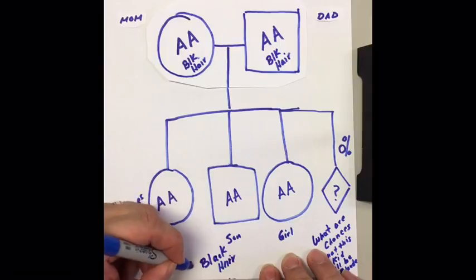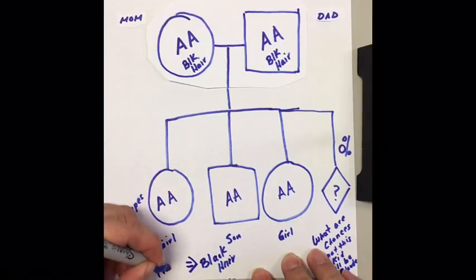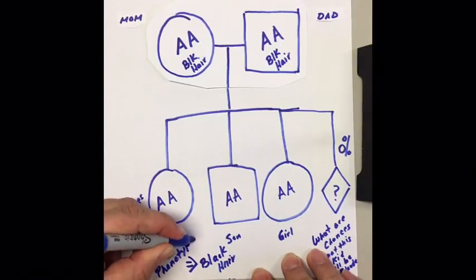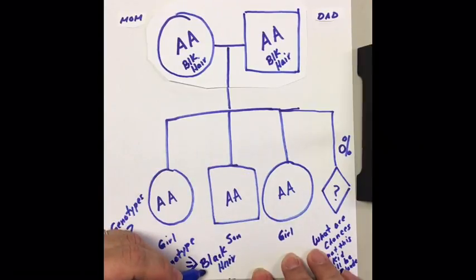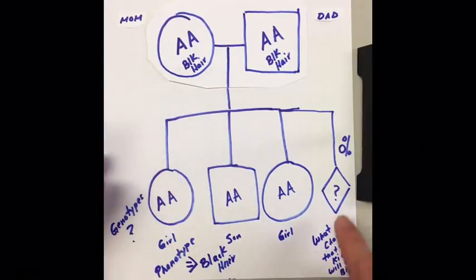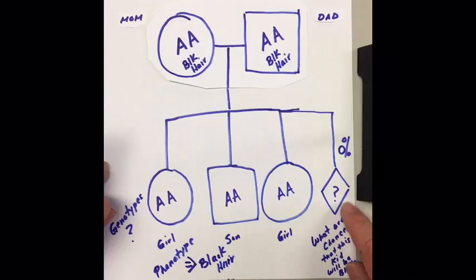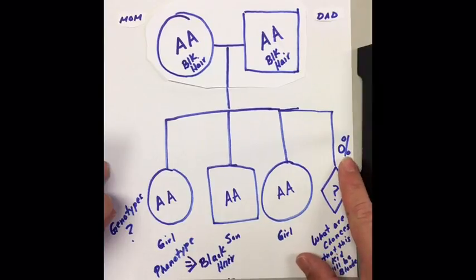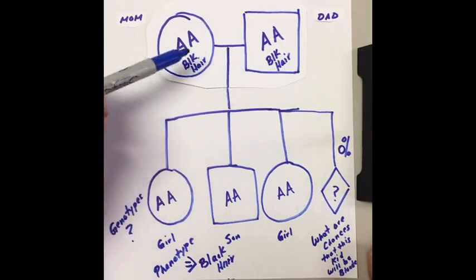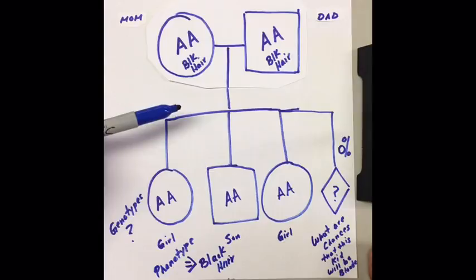So the phenotype of all the kids is black hair, just like the parents. And then the last question I asked you was, what would be the chances of the next kid having blonde hair? Well, it's going to be 0 because the parents don't have any of the recessive genes to give their kids.